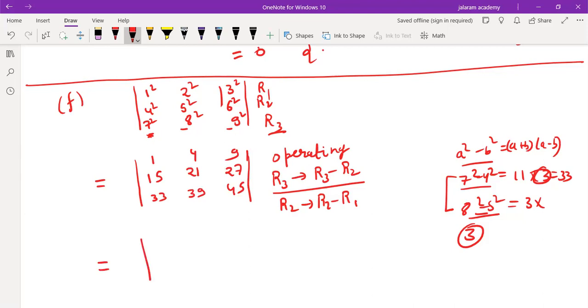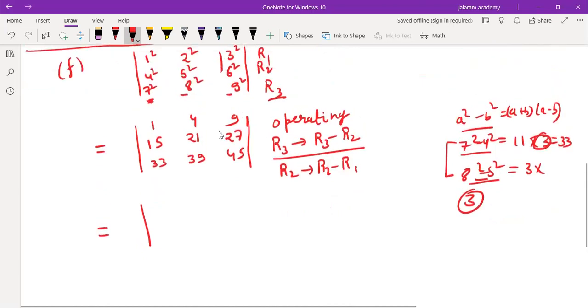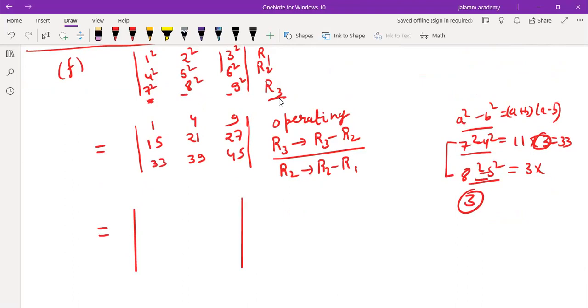Now, if we take 3 common from the third row, 11, 13, 15. 3 common from the second row, 5, 7, 9.